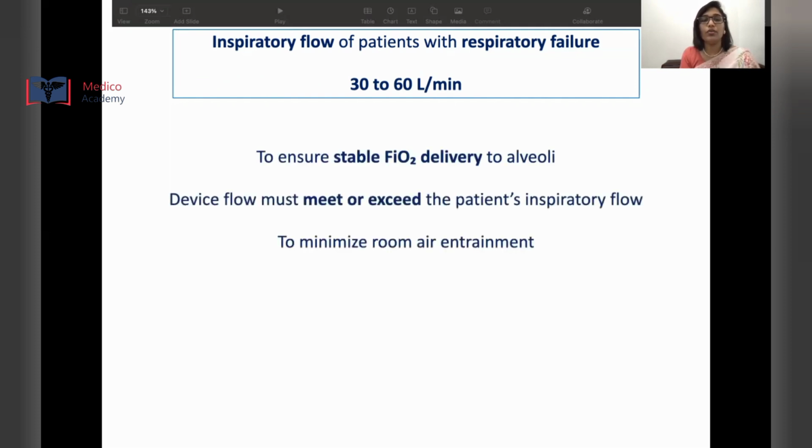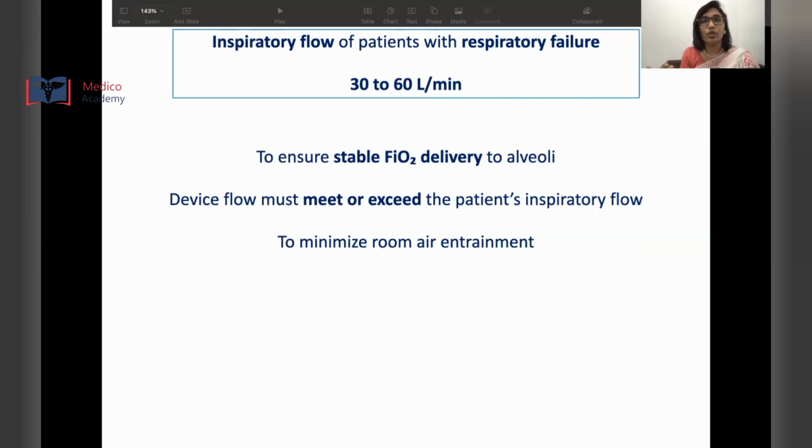So if you have to ensure a stable FiO2 delivery to these patients, if you have to ensure the delivery of FiO2 to the alveoli, then whatever device you attach to the patient should meet or exceed the patient's inspiratory flow, so that room air entrainment is reduced.